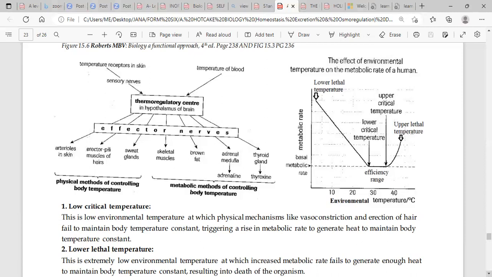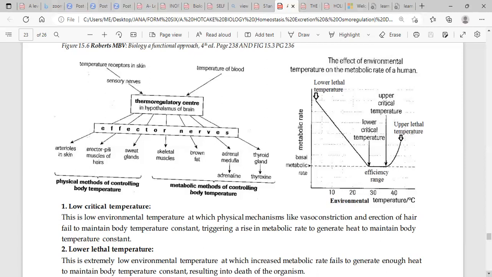When you look at the efficiency range, the efficiency range is that range where the body is trying. We are having a decrease in temperature, okay?